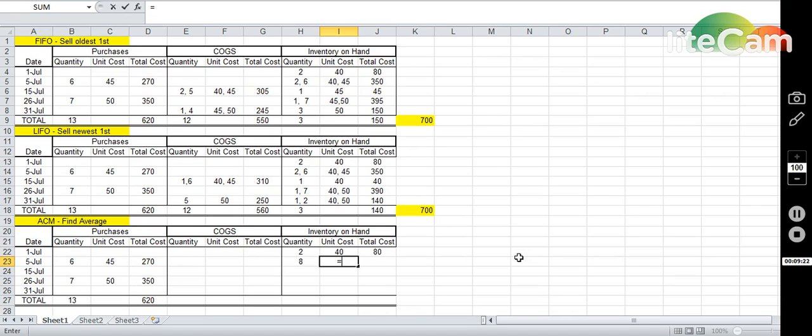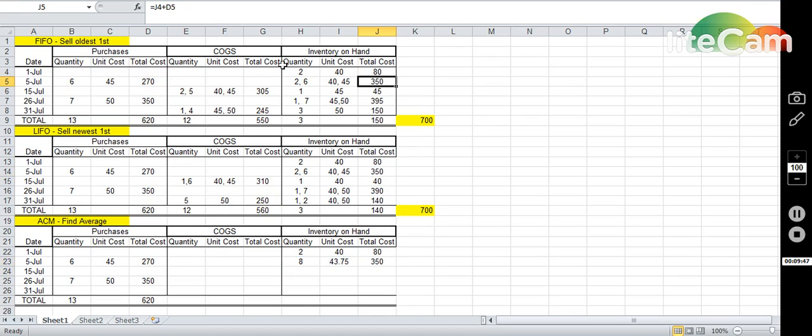So I want to take the 270 plus the 80. I'm taking my total cost for the 8, and I want to divide by 8. Okay. And so now I'm going to take the 8 times the 43.75, 350. So far we are the same.